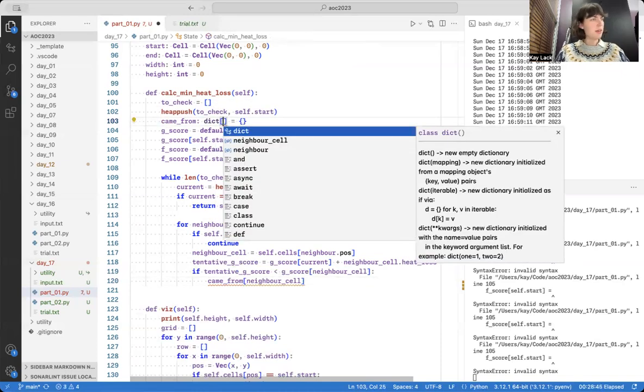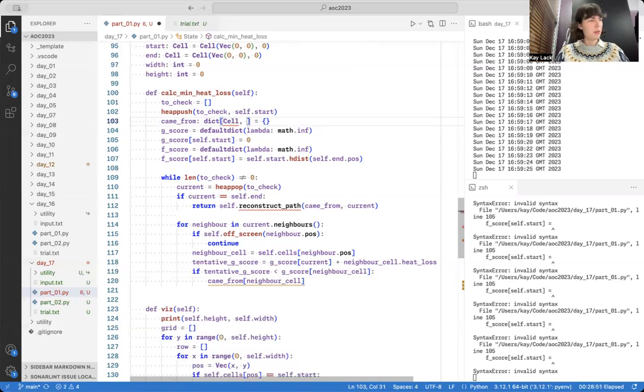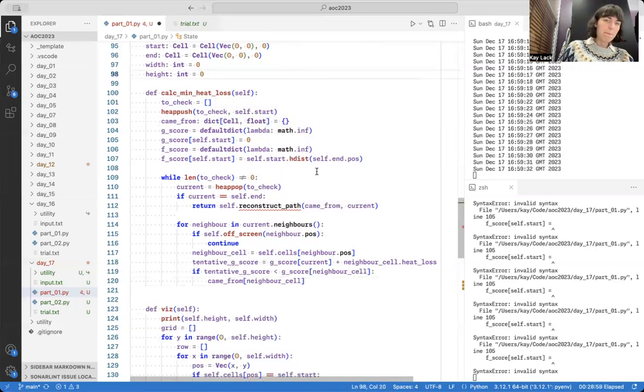This is going to be a dictionary of cell to int, float. Hmm. Okay. Let's hope that doesn't cause any problems. I guess it makes sense for infinity to be a floating point.